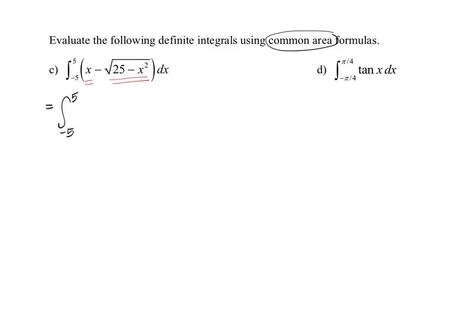So let's rewrite this as the integral from -5 to 5 of x dx minus the integral from -5 to 5 of the square root of 25 minus x squared dx. So utilizing our properties of integrals, this is the difference rule that lets us break apart this integral and rewrite it as two separate integrals.